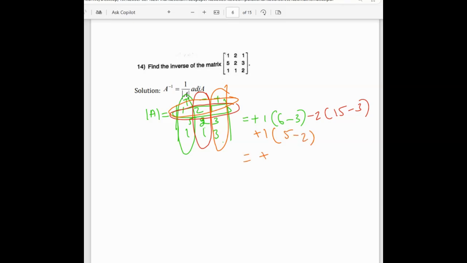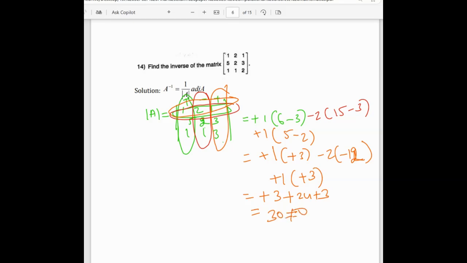So here the answer will be plus 1 into plus 3, minus 2 into minus 12, then plus 1 into plus 3, so it will be plus 3, plus the 12 twos are 24 plus 3 ones are 3, so it will be how much? 30. 30 is not equal to 0, therefore A inverse exists.